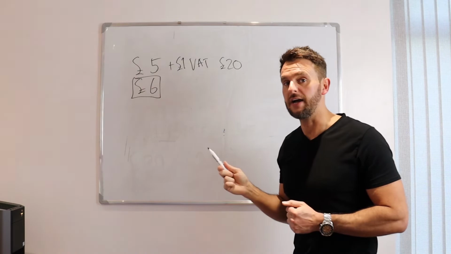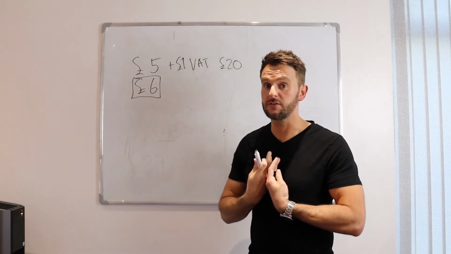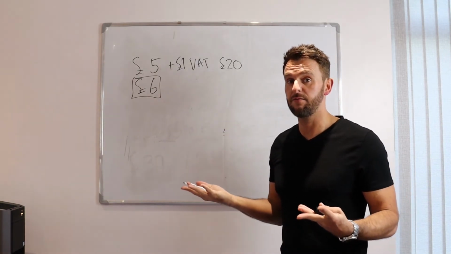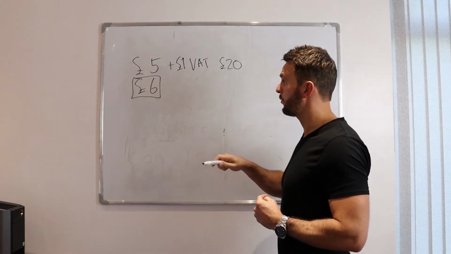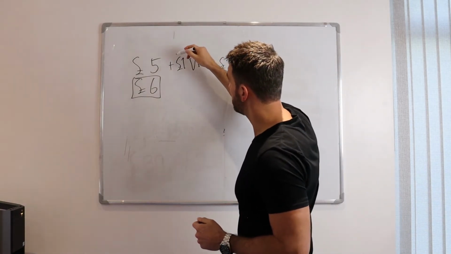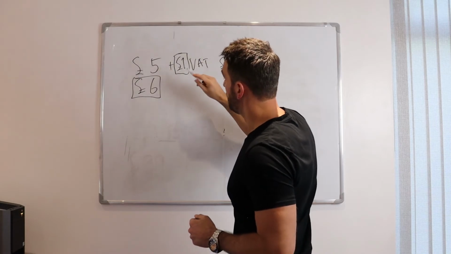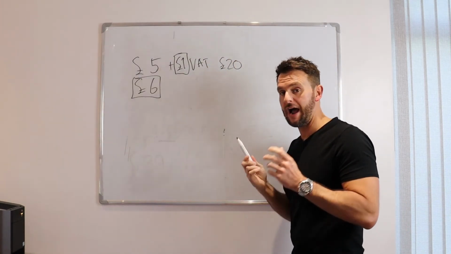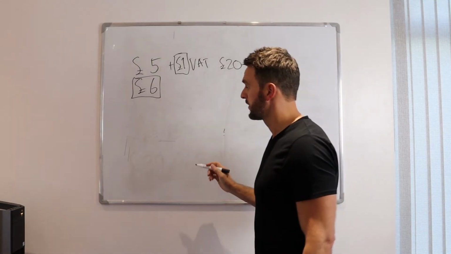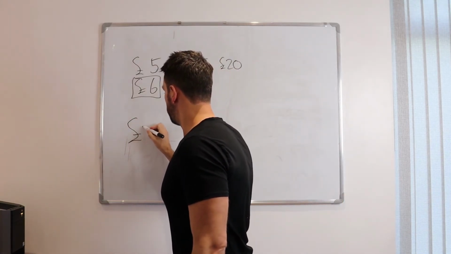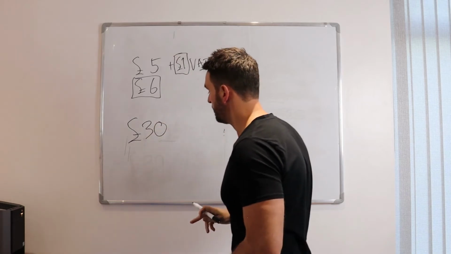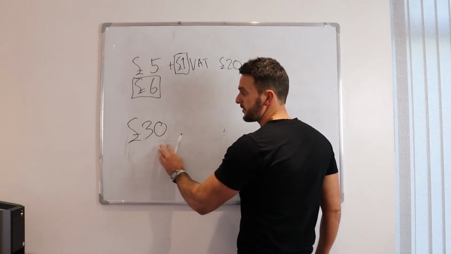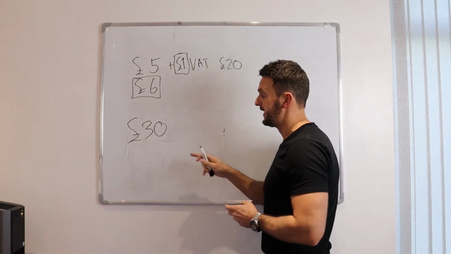When we claim back from the HMRC for our goods that we buy, as a VAT registered Amazon seller, we want to be claiming money back. We're claiming this VAT back on our purchases. This is an exclusive price. However, our Amazon sales, going back to the £30 figure, this is how much we're selling our product for. It's not an exclusive figure of VAT, it's an inclusive figure.